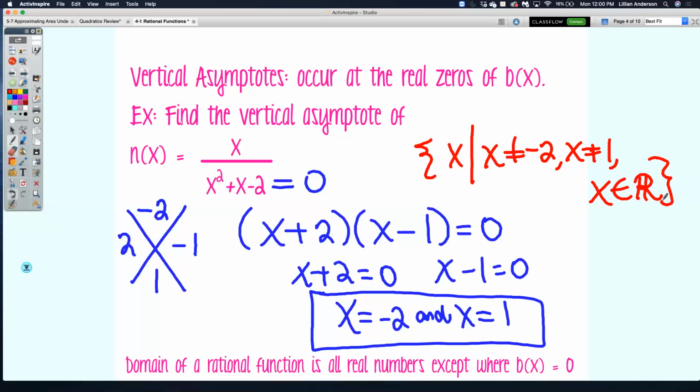So again, all real numbers except where the denominator is equal to 0, because it'll be undefined there. So x cannot equal -2, x cannot equal 1, x is the set of all real numbers. This over here in the red is the domain of this particular rational function.